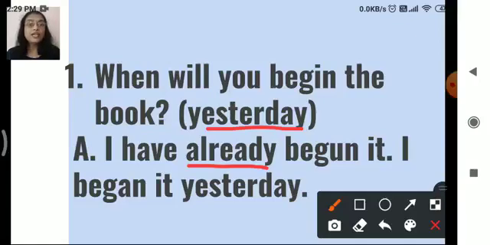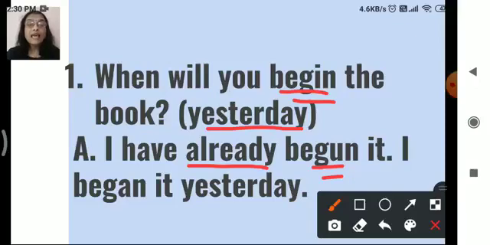Now you can see the change. Can you see? We had begin here and it has changed into begun. Now what is begun here? Yes, have already begun it. That means it is the past participle.